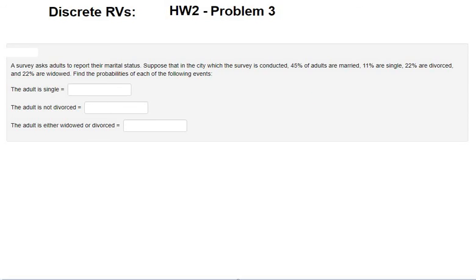Before we do that, let's table everything. So we have married, single, divorced, and widowed. According to the survey, 45% are married, 11% are single, 22% are divorced, and 22% are widowed. And the sum has to be 1.